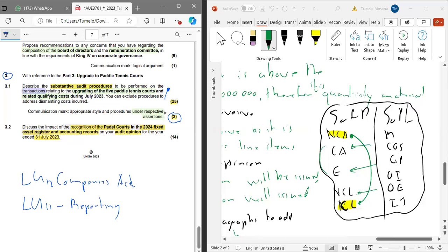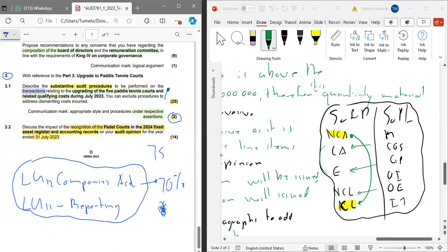Those are the things that you should focus on. You should be able to pass the test if you focus on these two learning units alone, because technically they are going to count more than 70%, let's say plus minus 75%, of your paper on Monday.